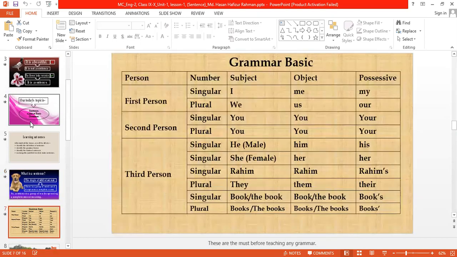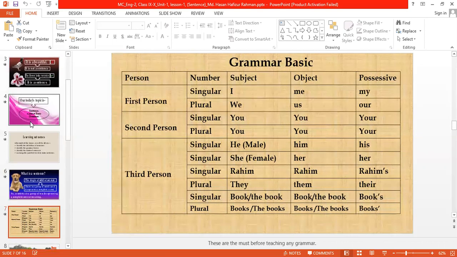Okay, my dear students. Next, about the subject or object of sentences. Now, here is a person. We know that persons are of three kinds: first person, second person, and third person. And you look at the whiteboard. There we decorate in a table the three persons.